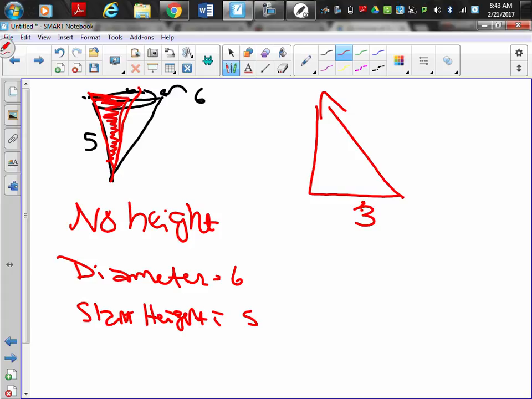Remember there's 3 pieces. 2 of them got the same name. They make an L. What always makes the L? Legs. So we have this. We don't have this piece right here. So our hypotenuse is 5.